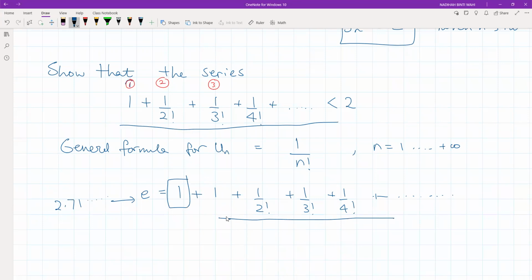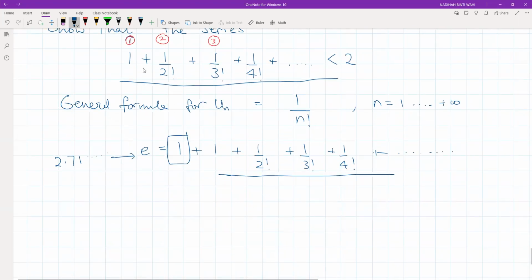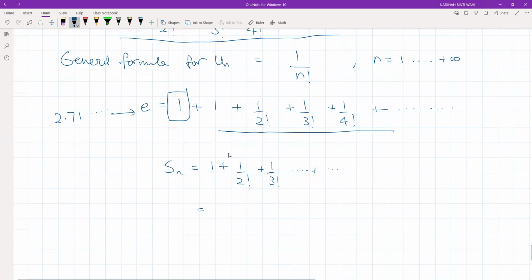okay, kalau saya panggil ni sebagai Sn, so this is just Sn equals to 1 plus 1 over 2 factorial plus something. So this is just equals to E minus 1. So this, if you take the limit, saya ulang balik.